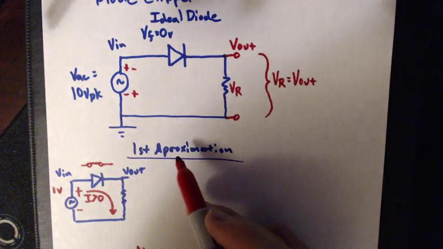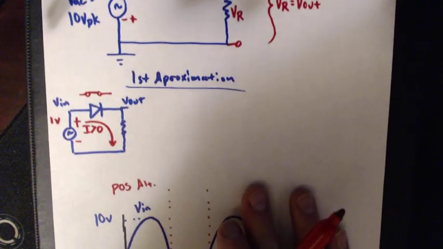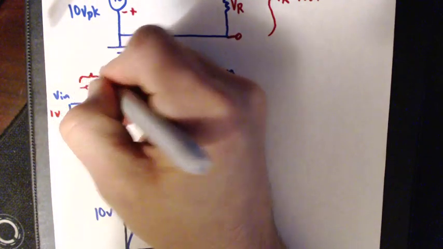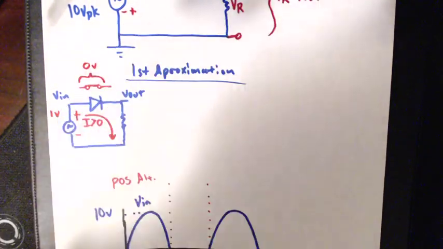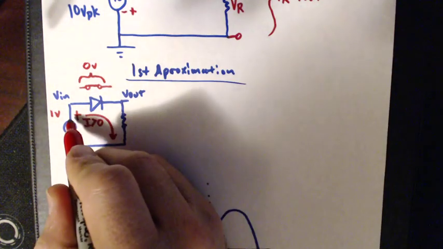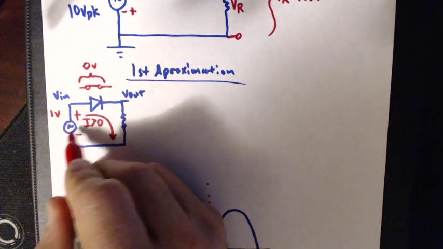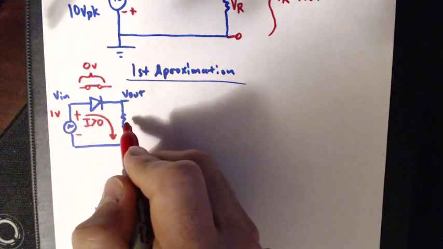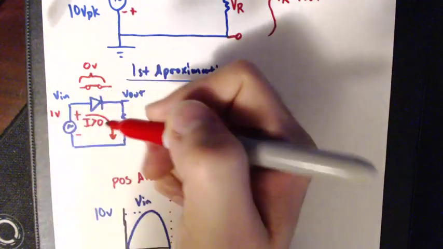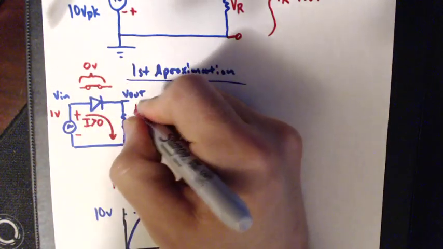This is the first approximation. Then what is the voltage drop across this diode? 0 volts. Which means we're just applying 1 volt directly to this resistor. So when we have 1 volt for V in, V out is also 1 volt.